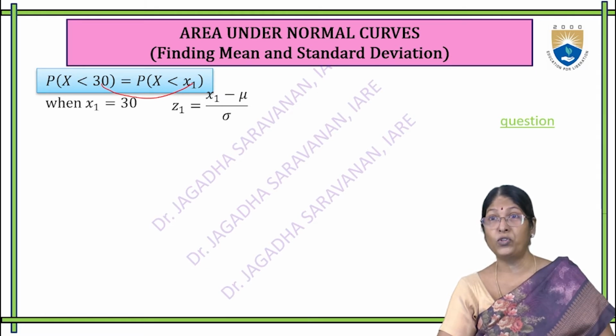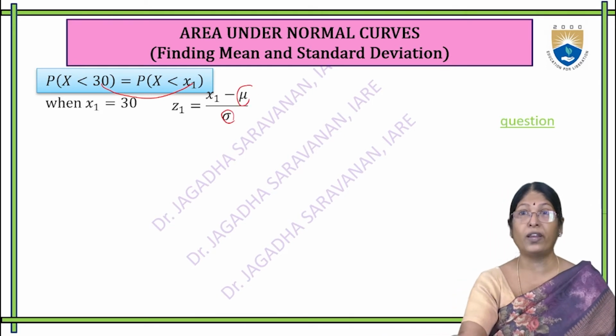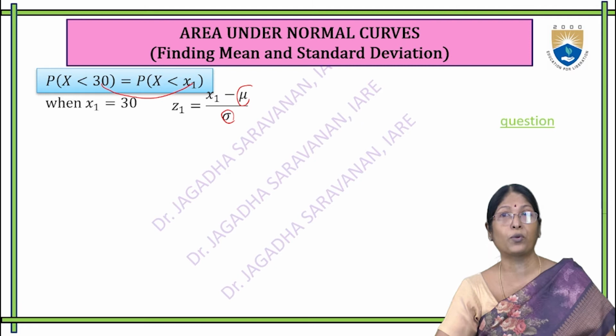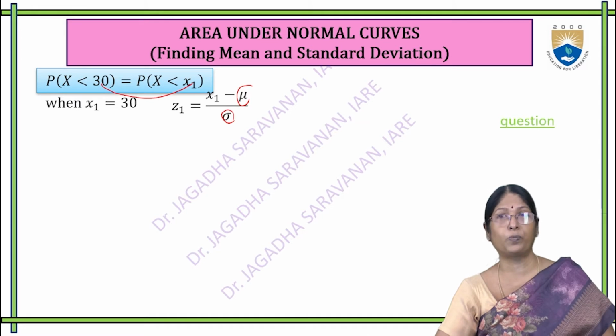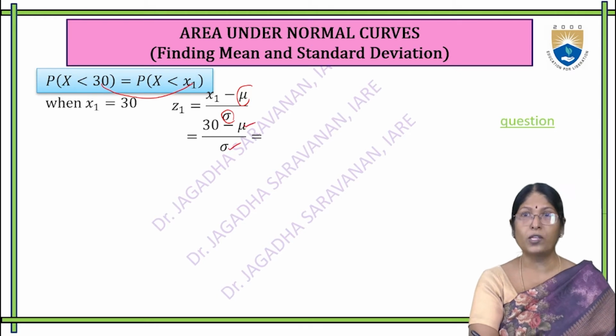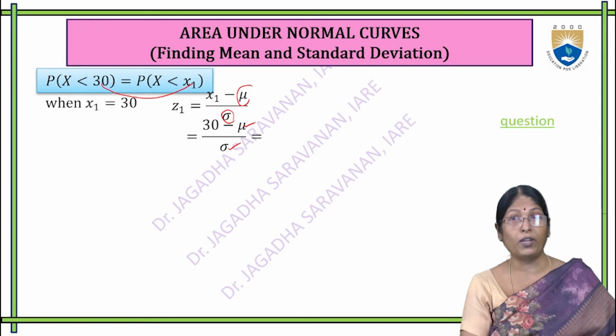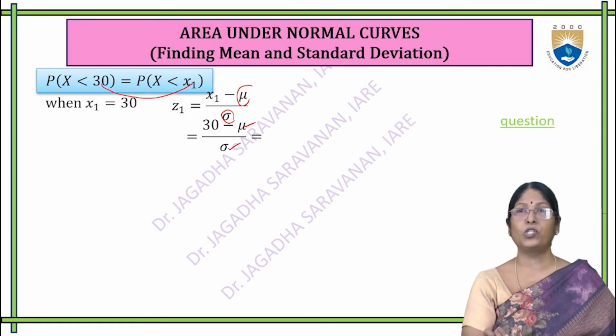But unfortunately, mu and sigma are not given in the question. This is the difference between the first problem and the current problem. So the values of mu and sigma are not mentioned, and we have written them as they are.